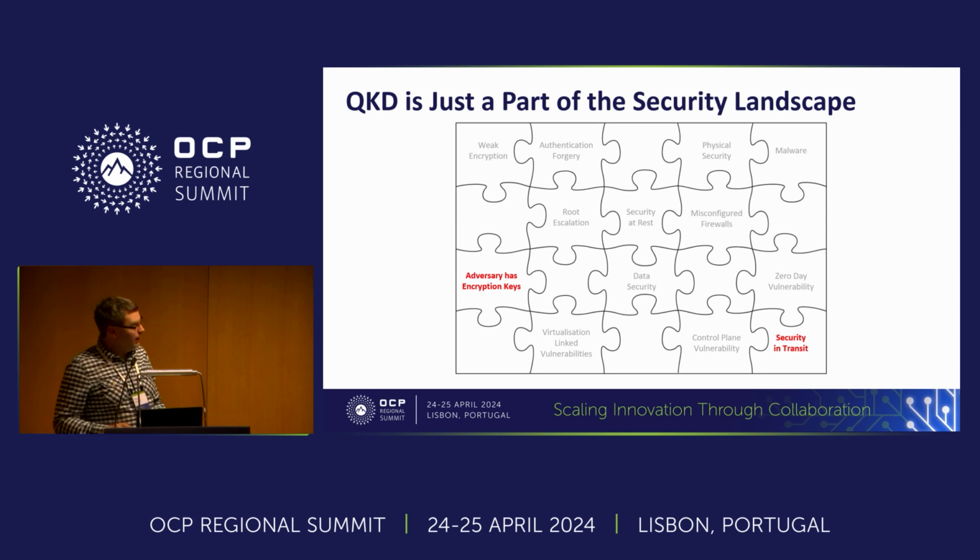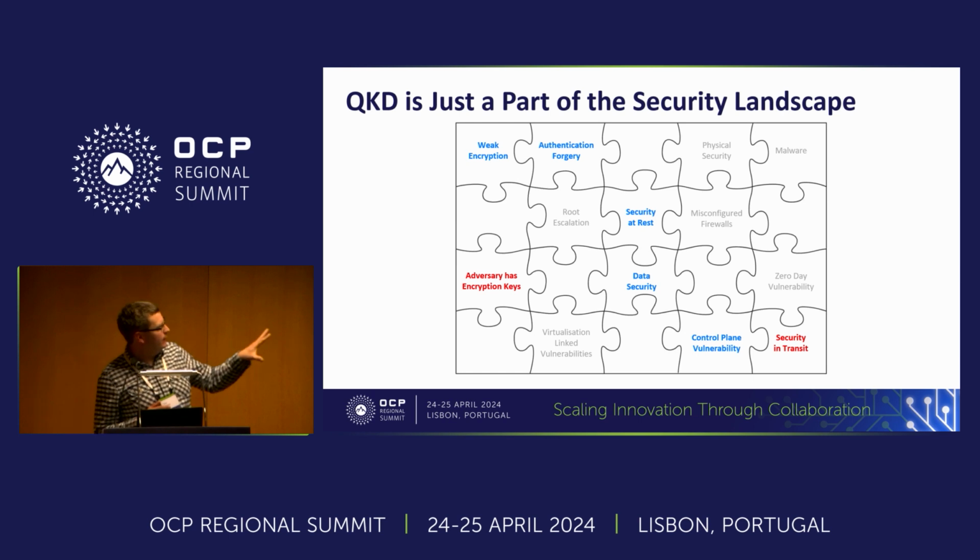There are a number of other functions where QKD could have a more secondary function, which we're going to show in blue here. But really, we see QKD mostly playing a part in those two red aspects here. However, I guess really we're saying here that QKD should be seen as a component within the wider crypto security landscape.